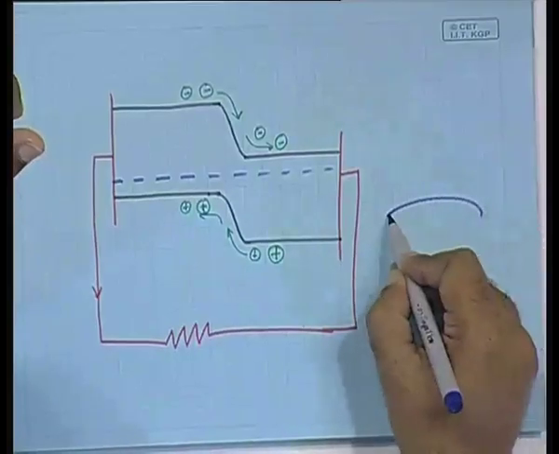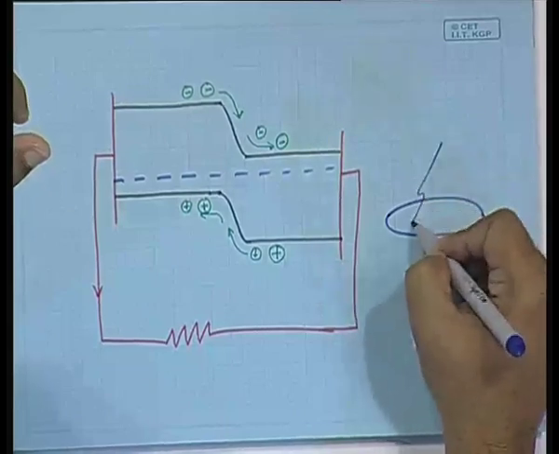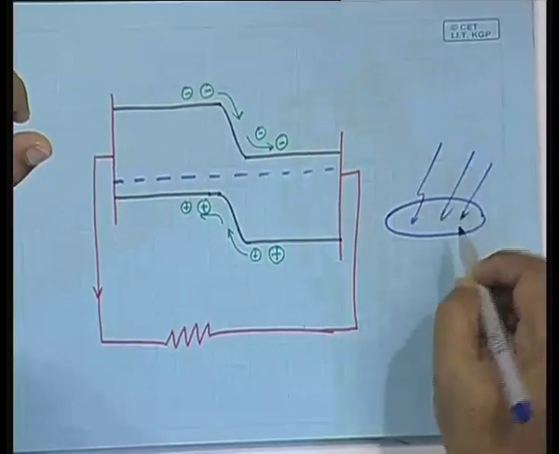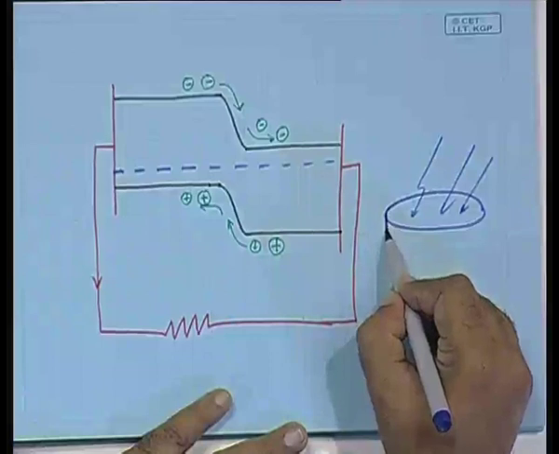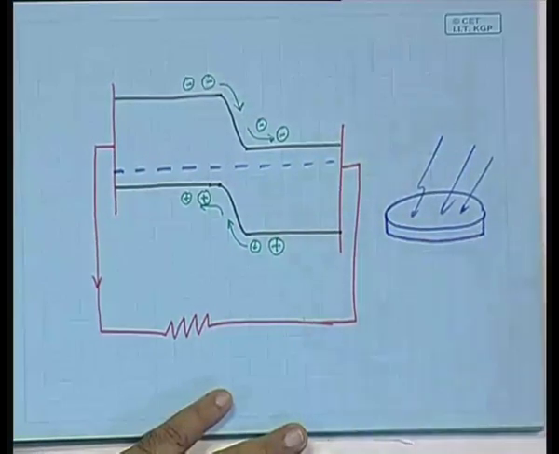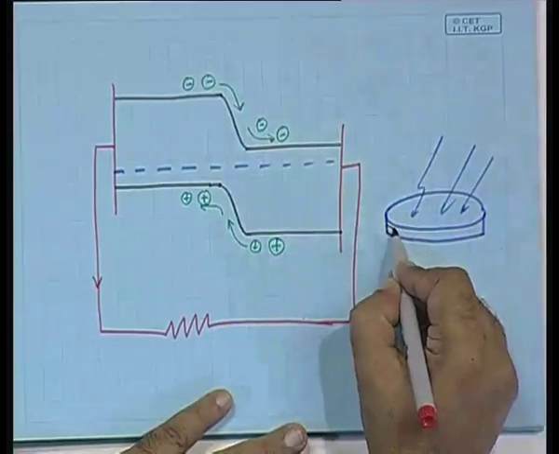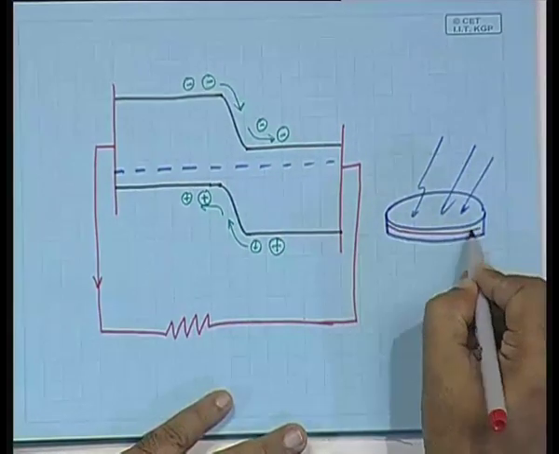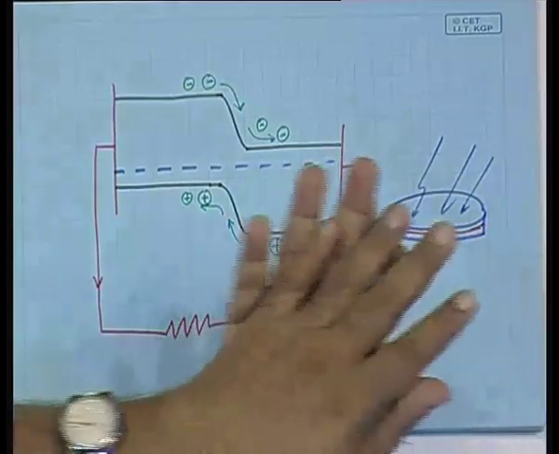Which means imagine that you have got the thing like this, on which the light falls, the whole thing has to be the p-n junction, the whole thing. So, you might imagine that here I will just blow up by means of a larger thing, the p n junction might be somewhere here. That means, the p n junction has to be over the whole surface, which is the extended surface.